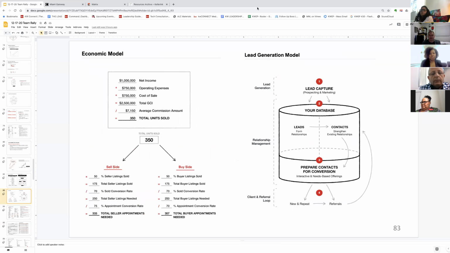But back to this. So this here on the right is the lead generation model.